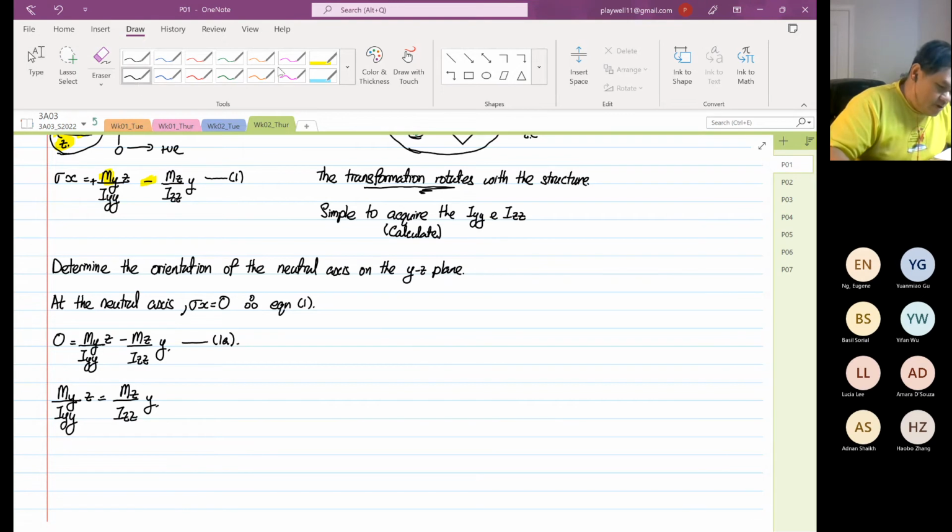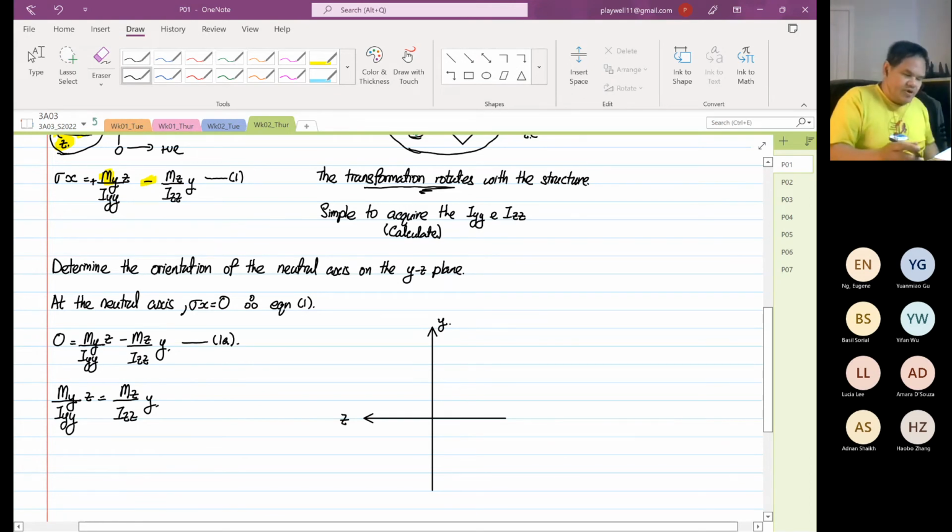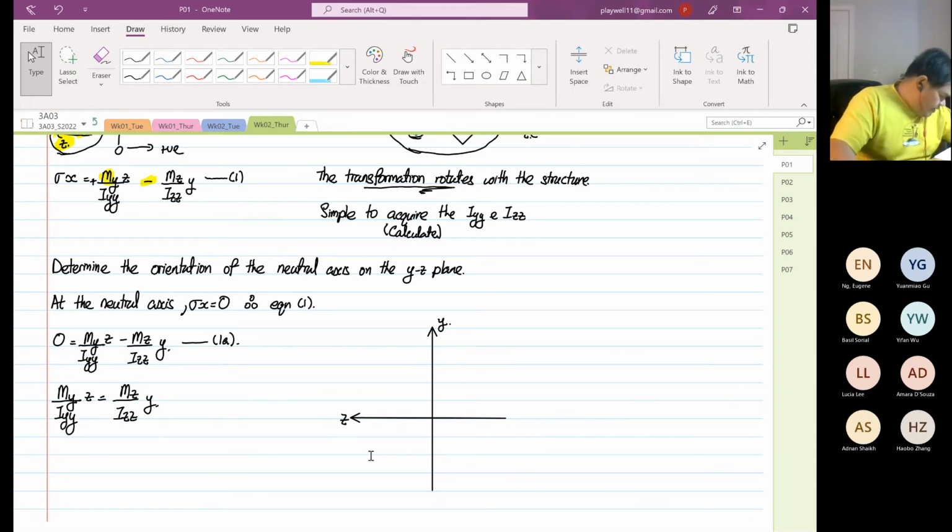This is our z-axis, and then we have our y axis. Now we are going to focus on this diagram that I'm sketching. We know that this is for unsymmetrical bending.